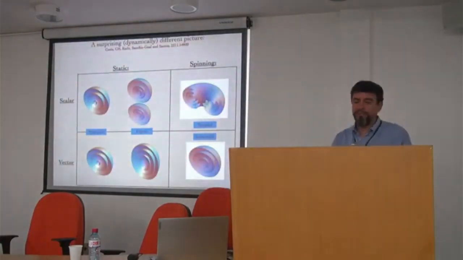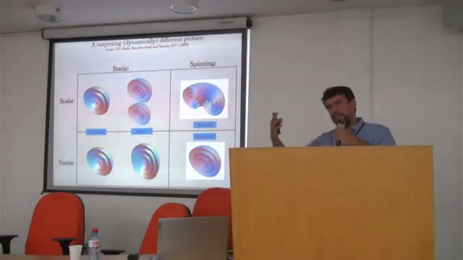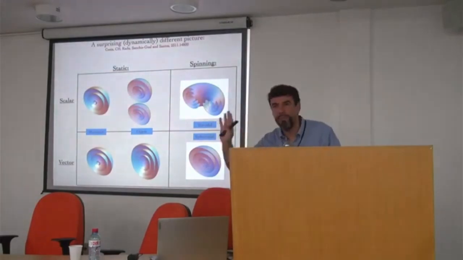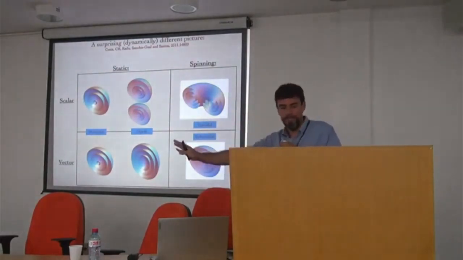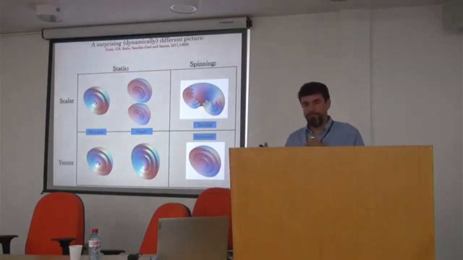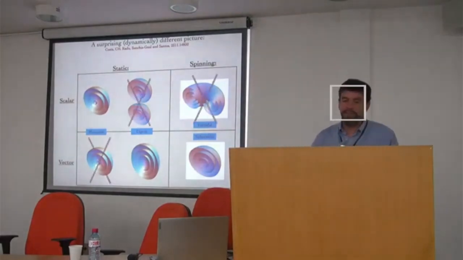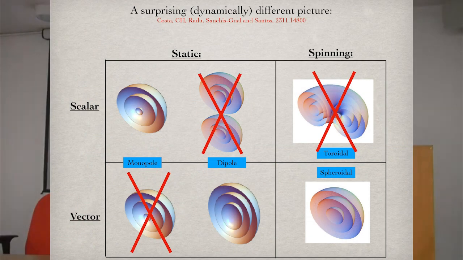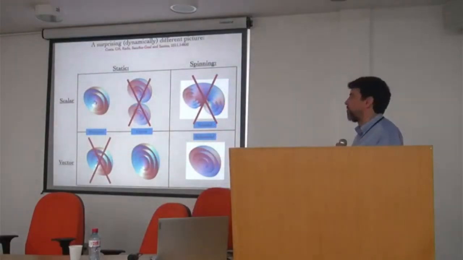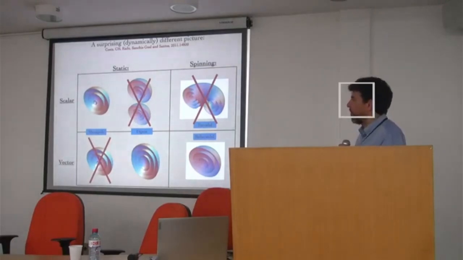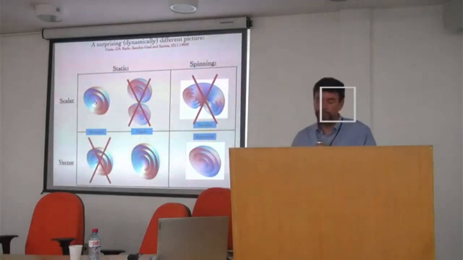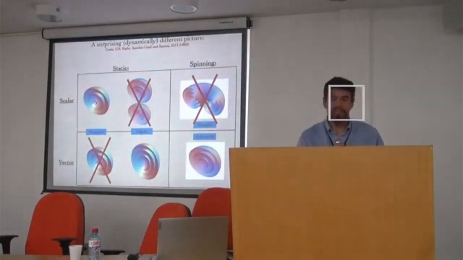So going back to something I've said a little while ago, although in terms of this landscape of solutions, and I'm just talking here about the simplest model for scalar versus vector, there is a similarity in the landscape of solutions, their dynamics is quite different. And the models that the dynamics actually chooses seem to be different, I would say, with a surprise in the vector case, namely the fact that the ground state for the vector stars wants to deviate from spherical symmetry even in staticity.